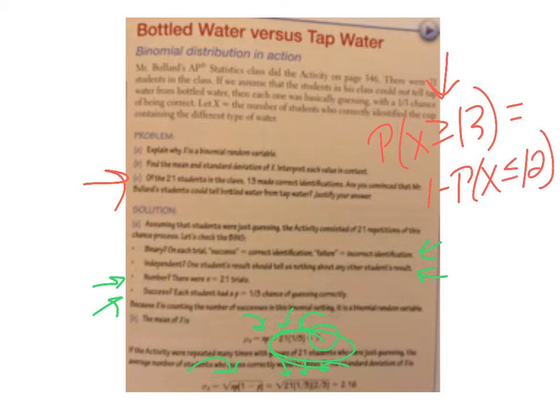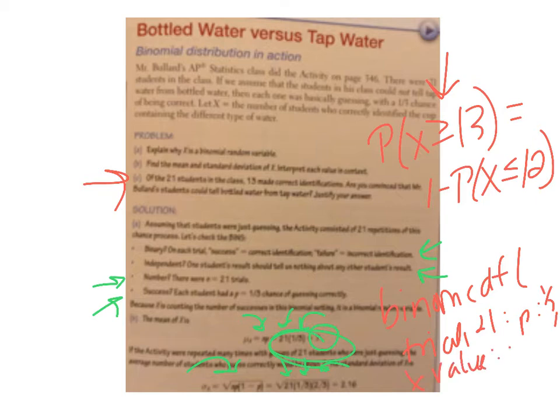So I'm going to use the binomial CDF, and I put in the trials, which is 21, my probability, which is 1/3, and my x value, which is 12.